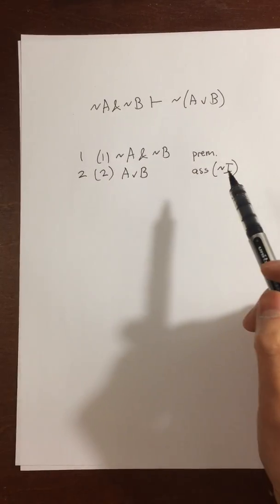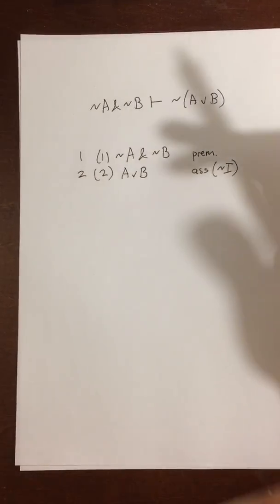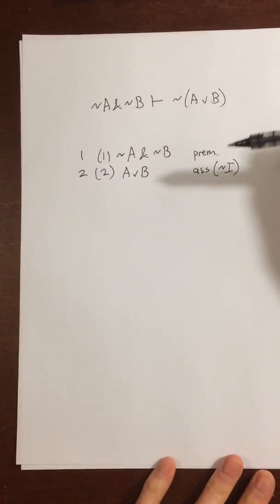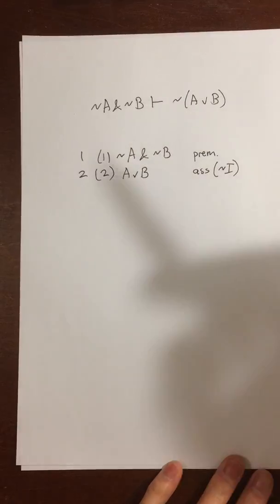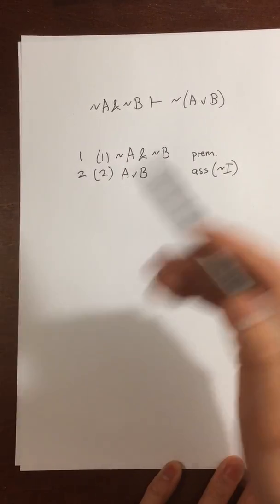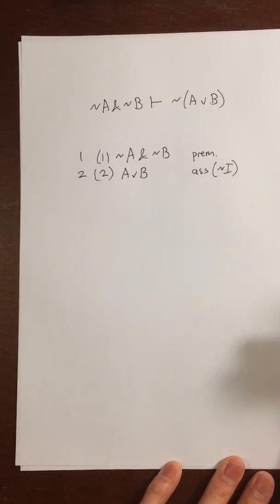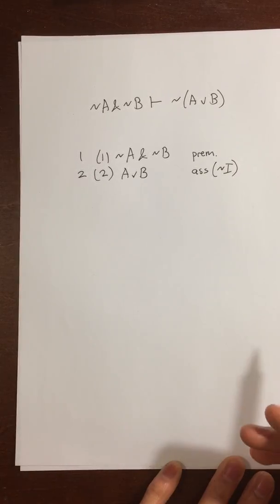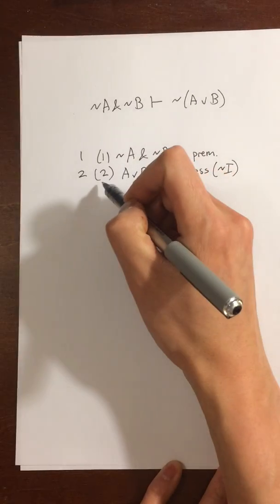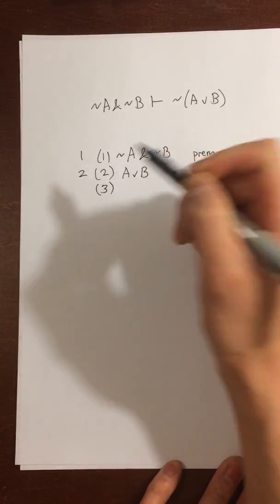Likewise, as soon as you assume the opposite of what you want, it's part of the reductio ad absurdum method. Once you do the reductio ad absurdum method, you assume the opposite, and then you're going to try to look for a contradiction. This is what we're going to try to do after we make this assumption. This is the only assumption we'll need, and so we can move on from there.